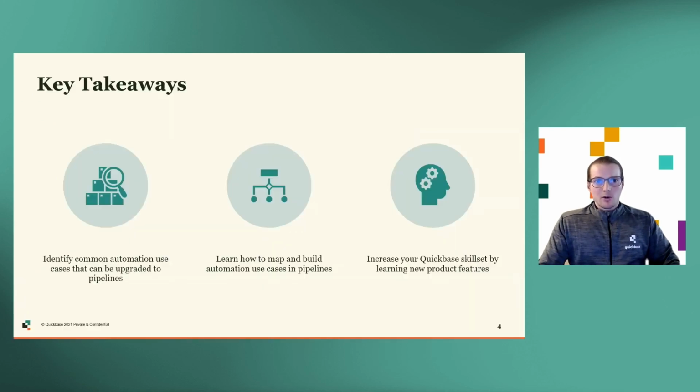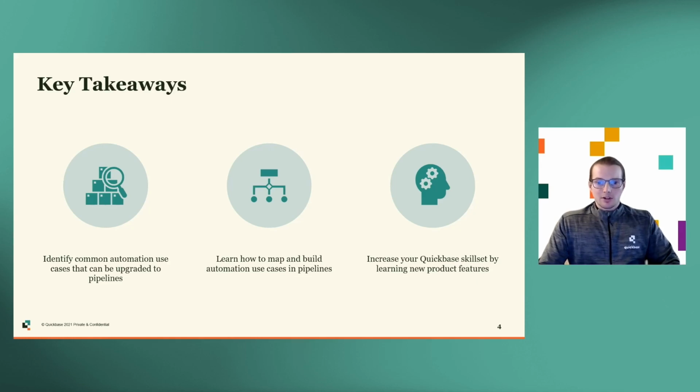Some of the key takeaways for today's session: we want to talk about some of the most common automation use cases that we've identified by speaking to a lot of Quickbase builders, both internally here at Quickbase as well as our customers. We want to take a close look at those automations and then recreate them in pipelines.